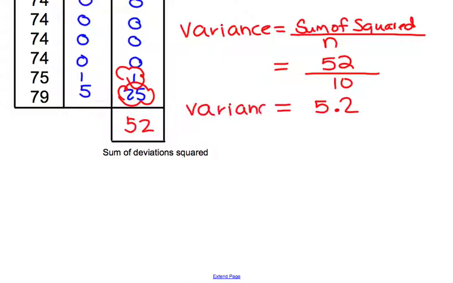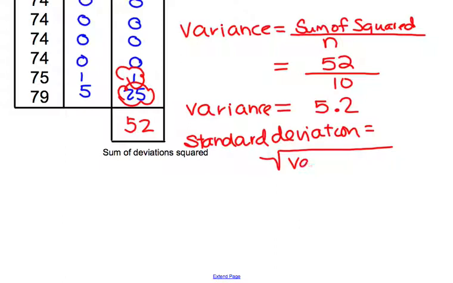Now we want to find the standard deviation. So this is our step 4. To find the standard deviation, we're going to square root the variance. All right, so let's go ahead and find that answer.